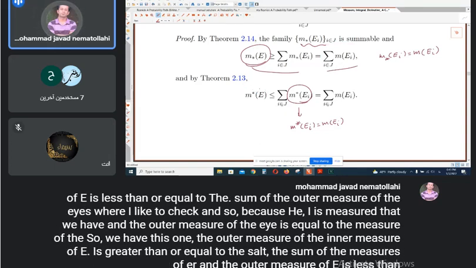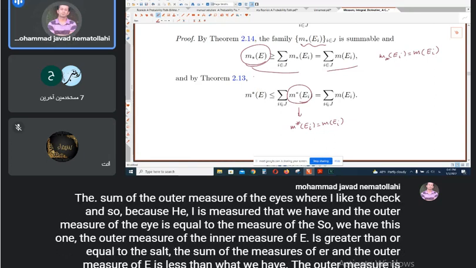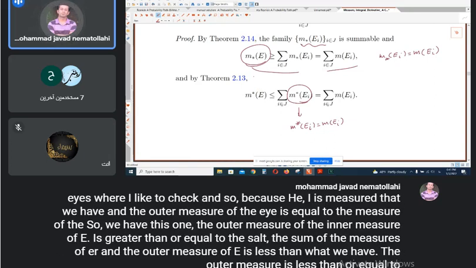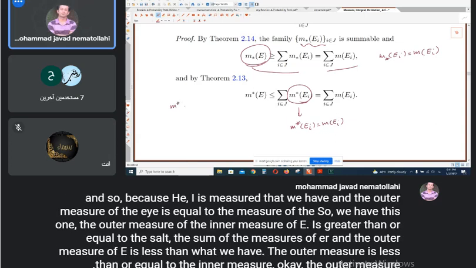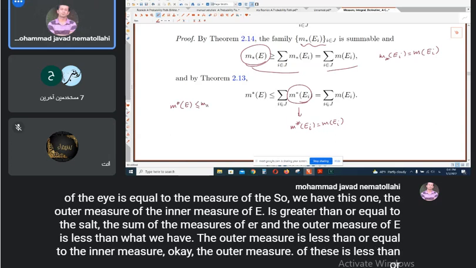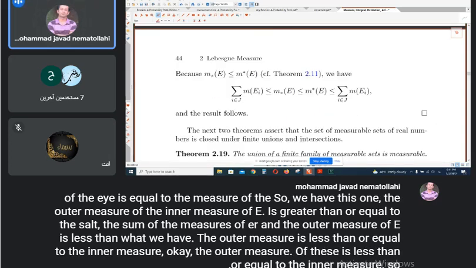But we have the outer measure is less than or equal to the inner measure. Okay, the outer measure of E is less than or equal to the inner measure. So I think we are done.